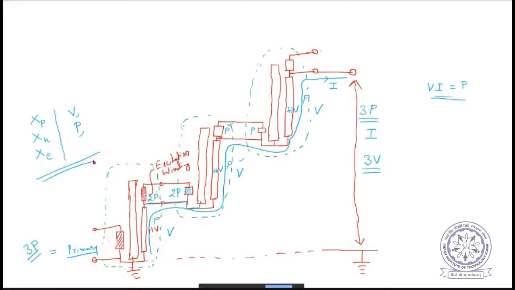Sir, or is it like 1 plus 1 by 4 plus 1 by 9? Why did I do that? Because it is kV square by power, and the power is increasing 2 times and 3 times. So because of the power increment, it will be 1 plus 1/2 the whole square plus 1/3 the whole square.